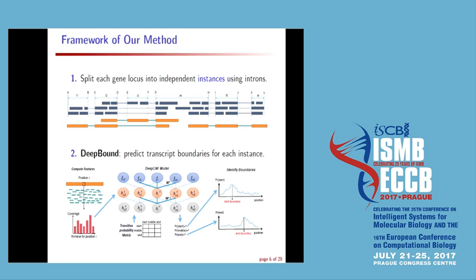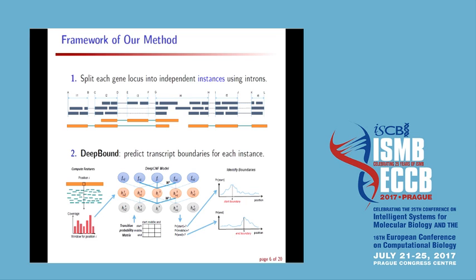Our solution to this problem is a new method called DeepBound. First, given the reads alignment to a whole genome, we cluster all the reads into different gene loci. Then for each gene locus, we further divide it into different independent instances using the coordinates of introns we can infer.